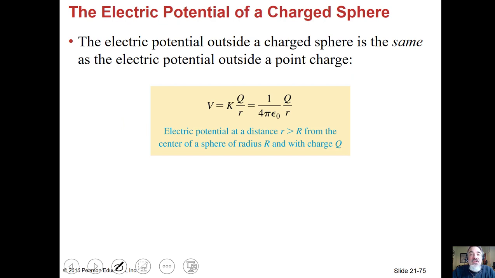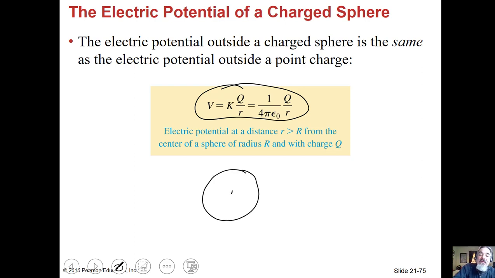All right, excellent. So the electrical potential outside a charged sphere is the same as the electrical potential of a point charge. Okay, so we have something like this. You can figure out the voltage at the surface, and then going farther out from the charged sphere, you can figure out the voltage some distance away.